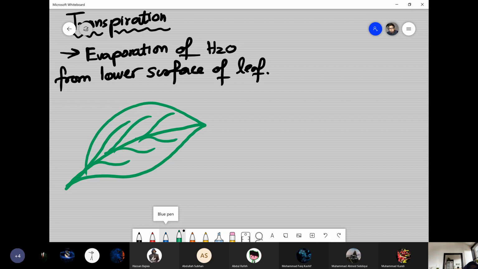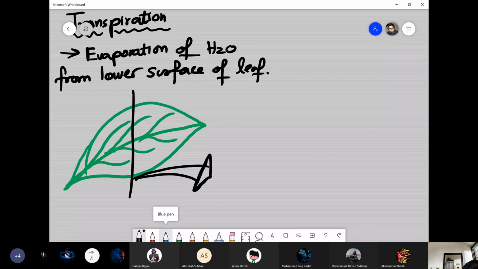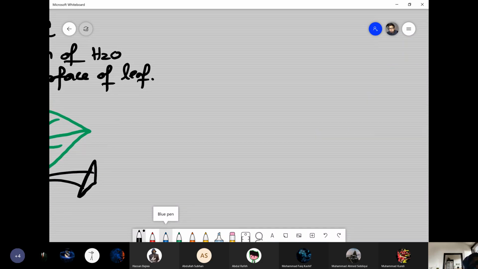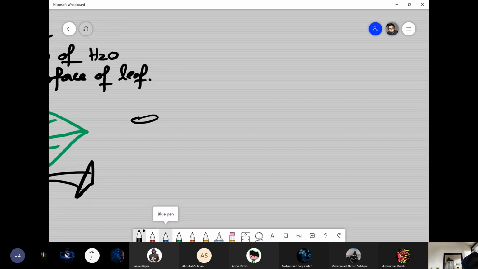Now, if you guys remember, we have learned about the transverse section of the leaf in the first term, and even in the last lecture I drew very quickly the diagram of the transverse section of the leaf. But what did we observe?